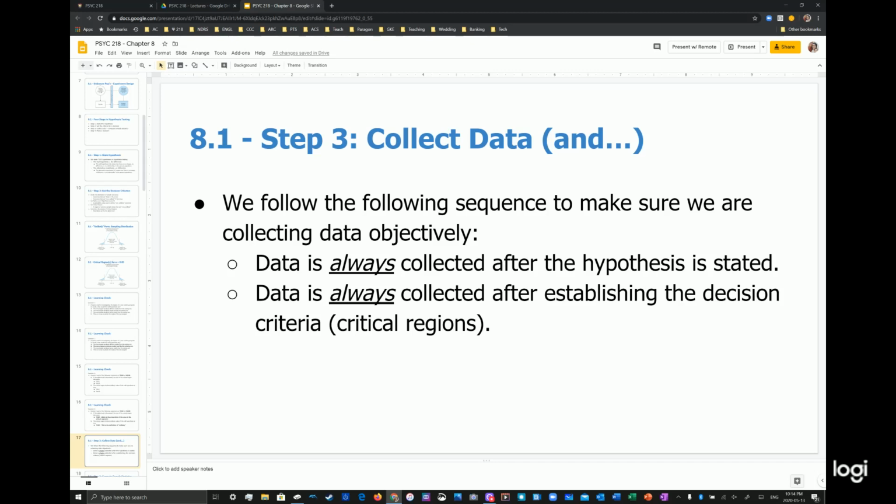It's usually just some sample mean, or you could be given a distribution of sample scores, and then you'll be asked to calculate the sample mean and other sample statistics. So those will be done. Again, the key here is the data is always collected after you state the hypothesis and establish the critical regions, not before. Always, always, always after.